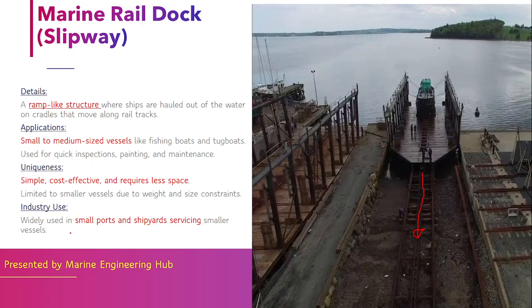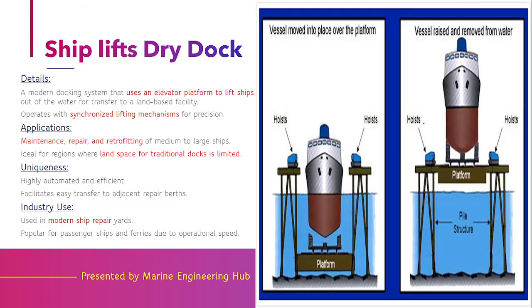So it is used basically in small ports and shipyard service for smaller vessels. So marine rail dock is basically handy for fishing boats, tugboats and other small types of boats for doing the maintenance and inspection. Now the fourth type is a ship lift dry dock.